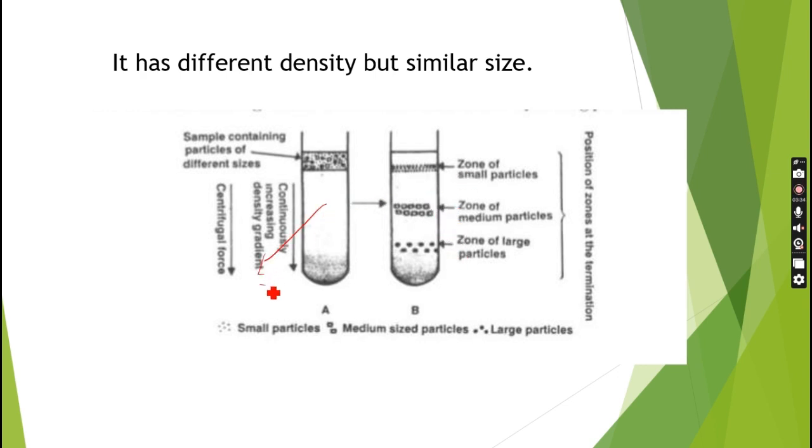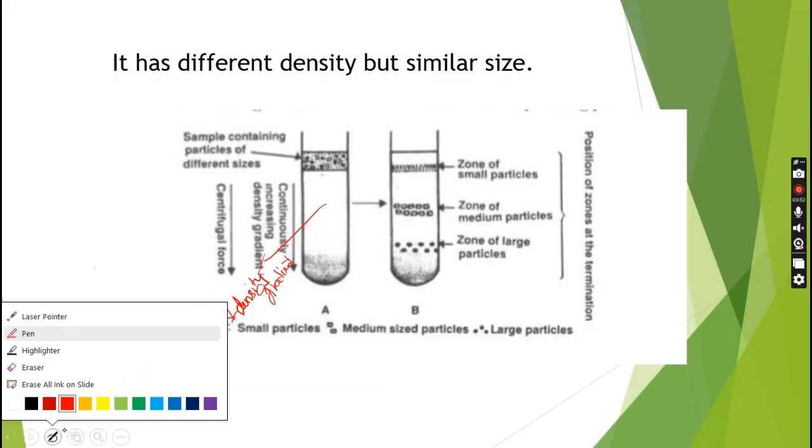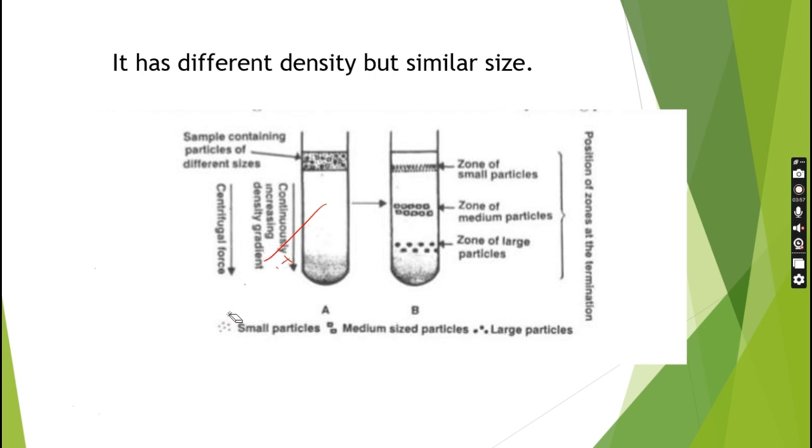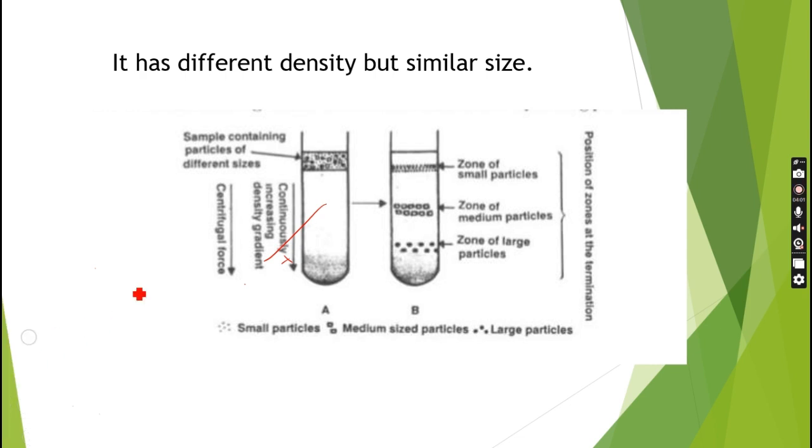This is going to be the gradient. This gradient is going to have a lesser density than the sample density.